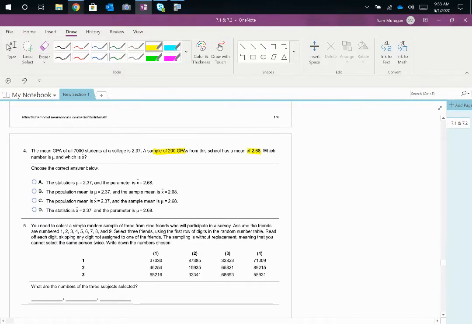So hopefully we can answer this question here. Here we're given the population mean is mu, and the statistic mean is 2.68. So that statistic's mean would be x bar. I don't know which one of the answers it is. You can figure that out, yeah?